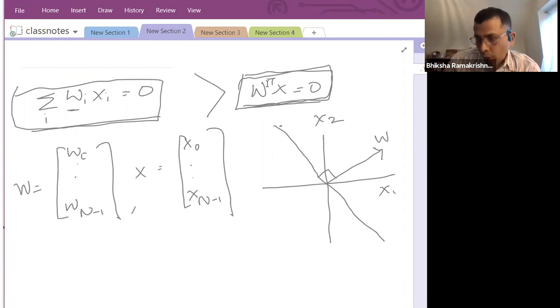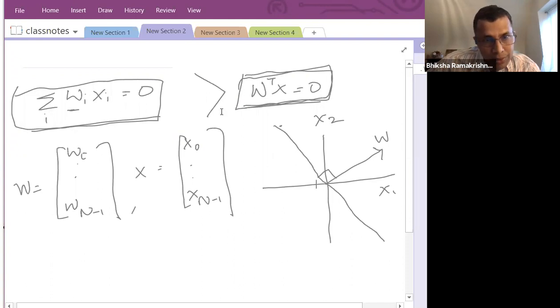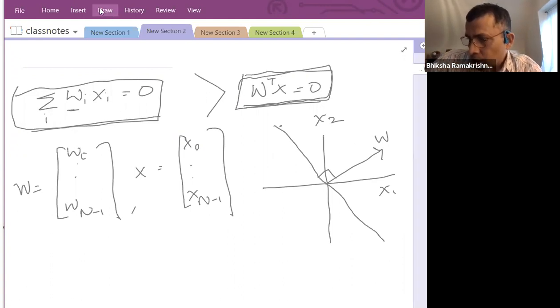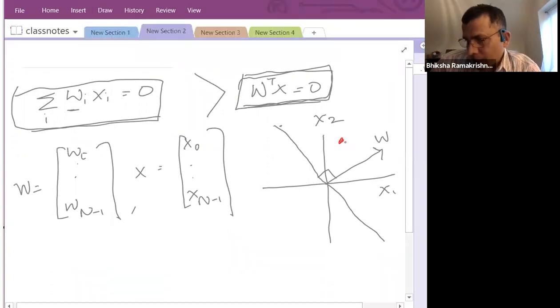But then there is something more. This is an inner product. So let's consider some x which is not on the plane, say an x out here. What is the value of w transpose x going to be for x over here? Is it going to be positive or negative?